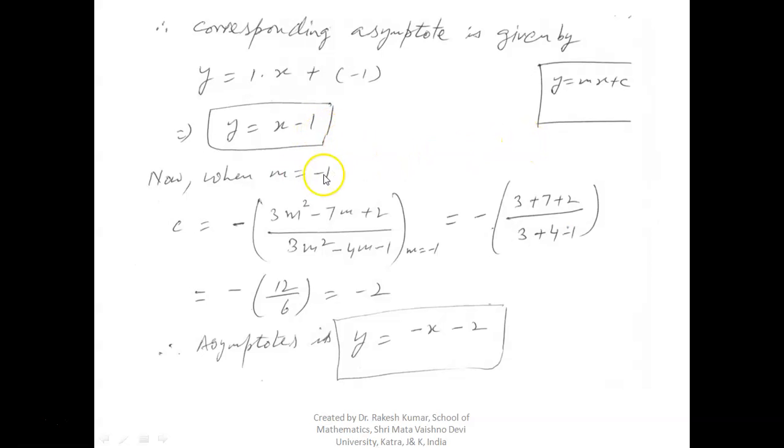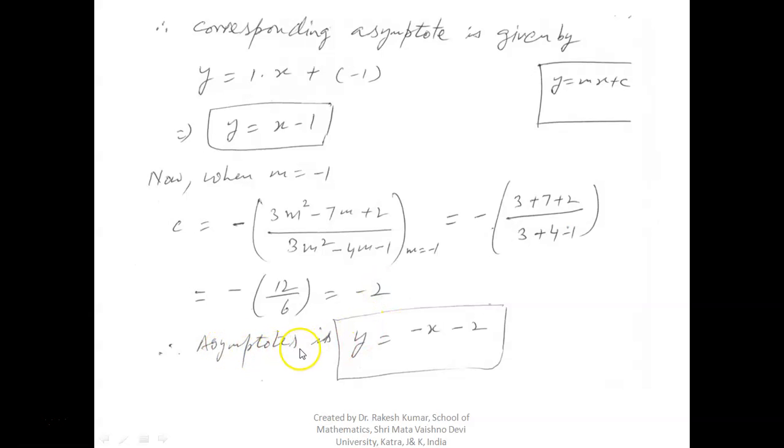Now when m is minus 1, again using that formula, c is equal to minus phi 2(m) upon phi 3 dash (m). Simply putting the value minus 1, what I am getting is minus 2.